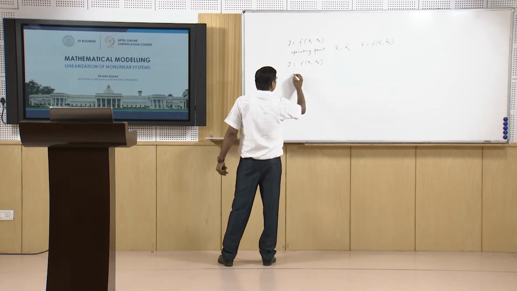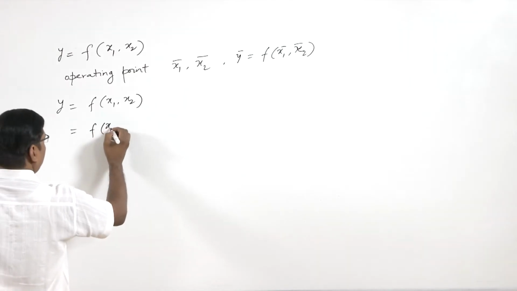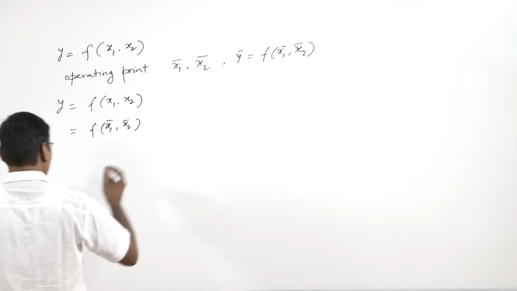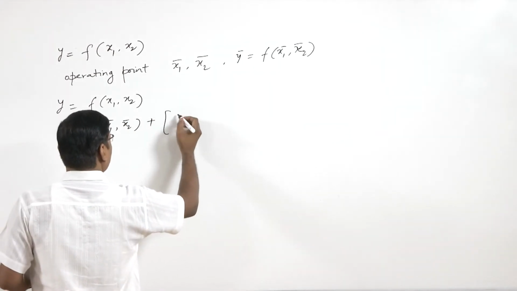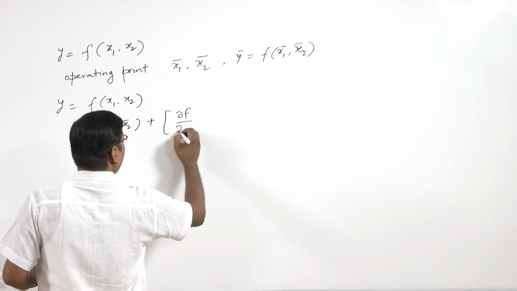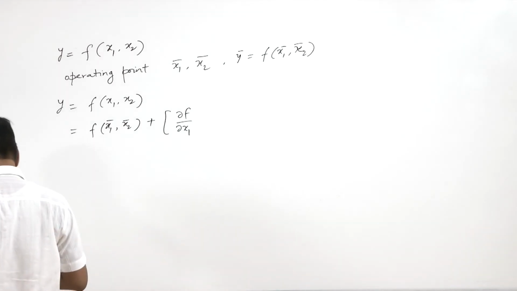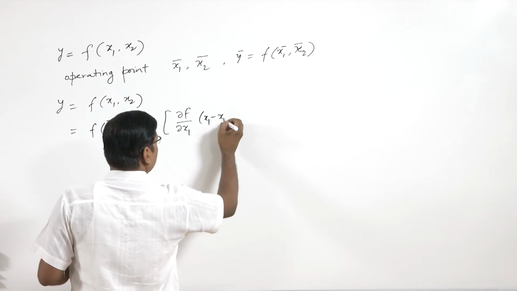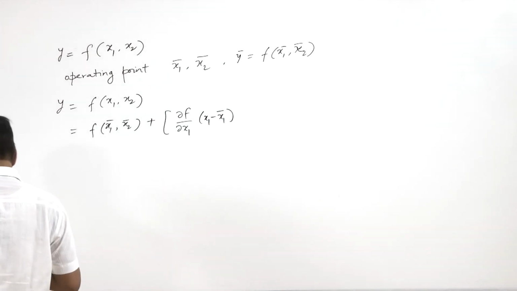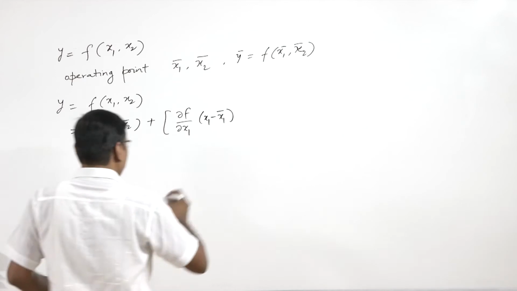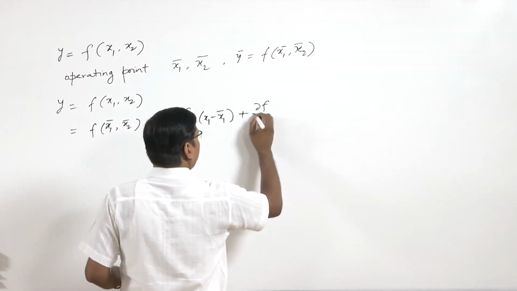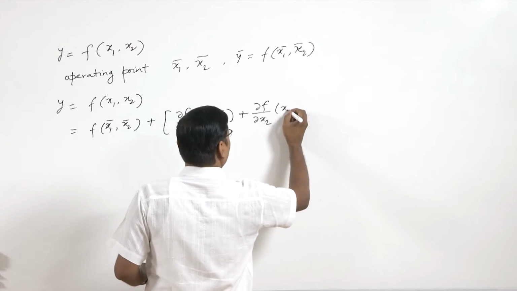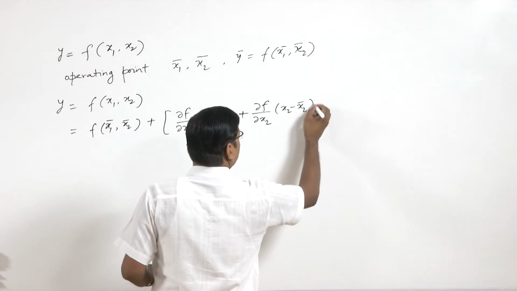So, we can write this equal to f(x1 bar, x2 bar) plus del f by del x1 times (x1 minus x1 bar) plus del f by del x2 times (x2 minus x2 bar).